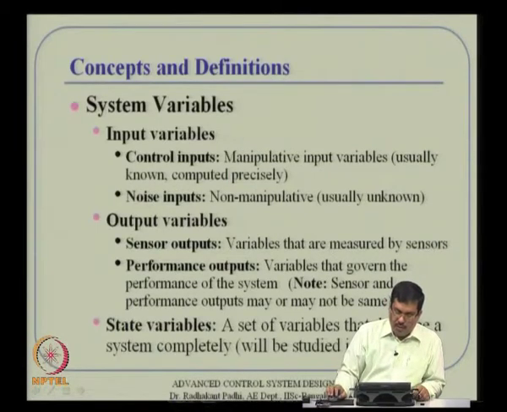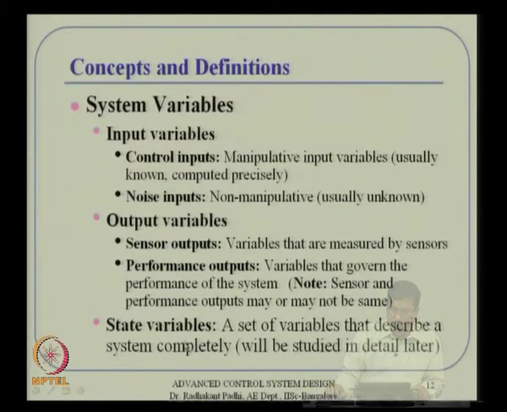Then the next set of important variables are state variables, and these are a set of variables that describe the system completely. That means, if you know the system states really, you know almost everything about the system, including what is going on internally, even though your sensors do not give you that.